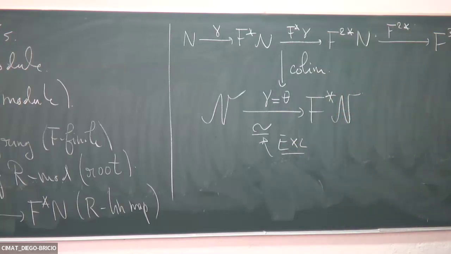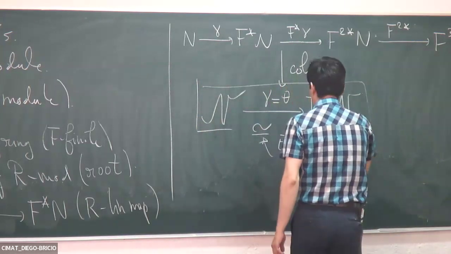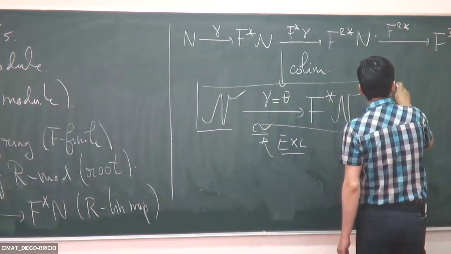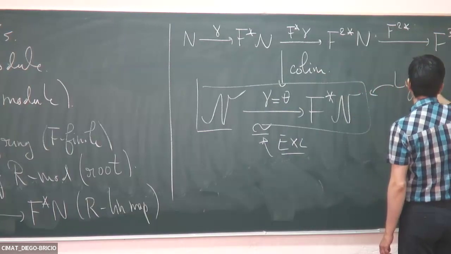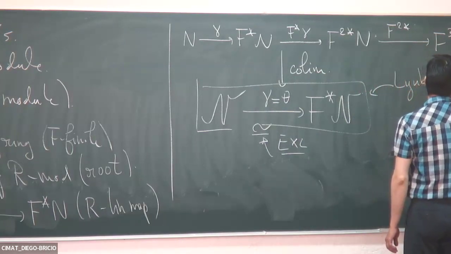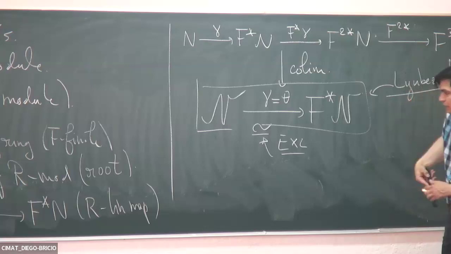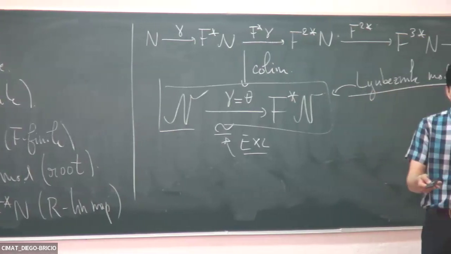Okay? And that thing you have there is what we're trying to define here. So this object here is a Lyubeznik module. Okay? So a Lyubeznik module is the following.